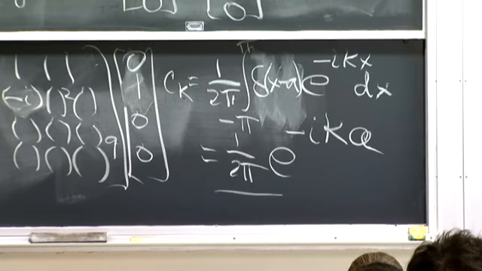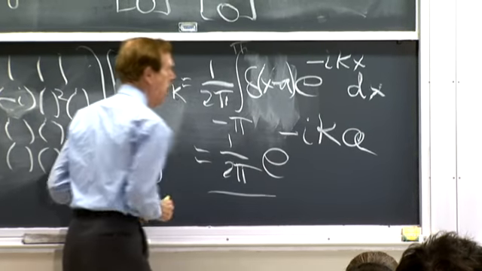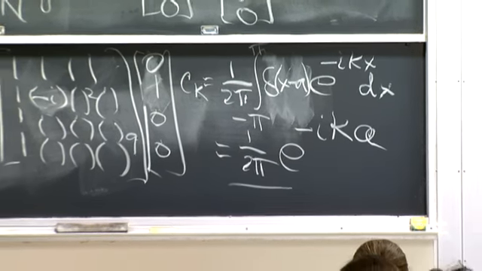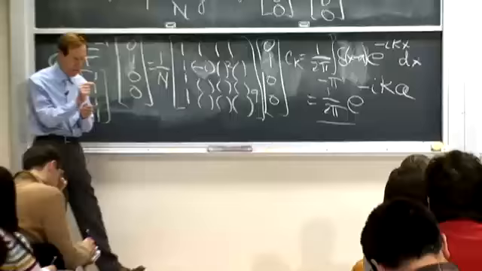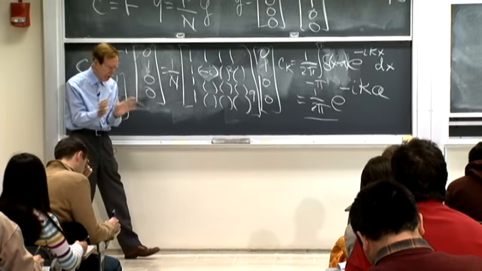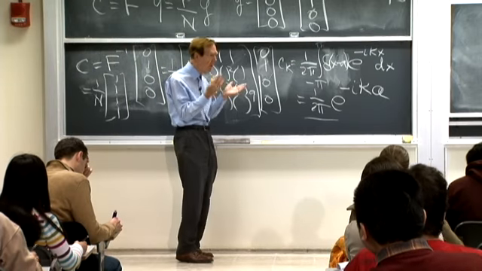So not constant anymore. They depend on k. The 1 over 2 pi is still there. It's still the delta function shifted over. I mean, it didn't change energy. It just changed phase, so to speak.